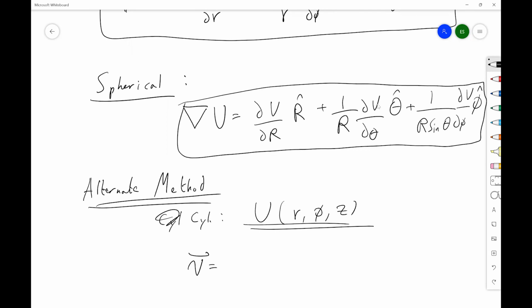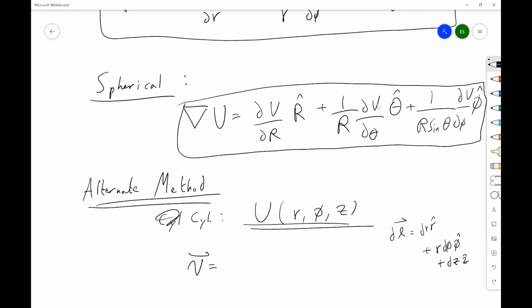We have to remember, in cylindrical coordinates, the differential line segment, we know that already, is going to be dr r hat plus r d phi phi hat plus dz z hat, right? Remember?